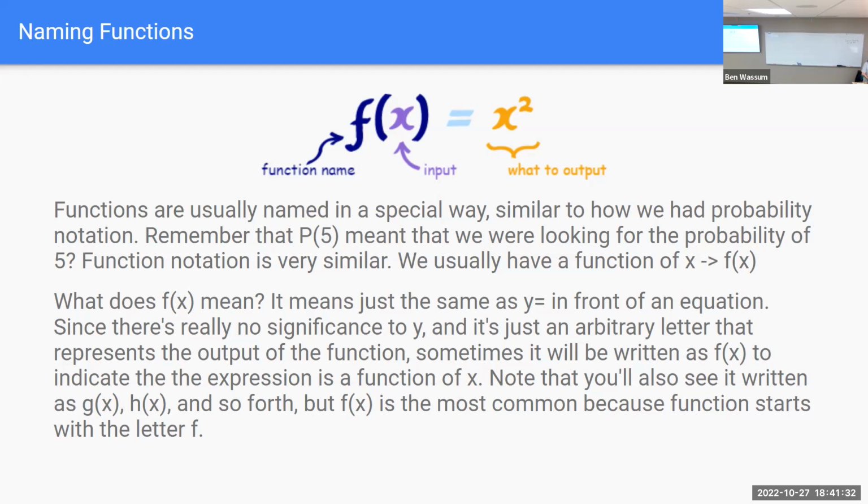So you always have whatever your function name is, a letter, then whatever's in parentheses, that's your variable, equals whatever is happening here. So it says here what to output. That's probably a better formal way of looking at it. But it's just whatever's going to spit out. You put in something for that variable on the right, it's going to give you what spits out from that. Okay.